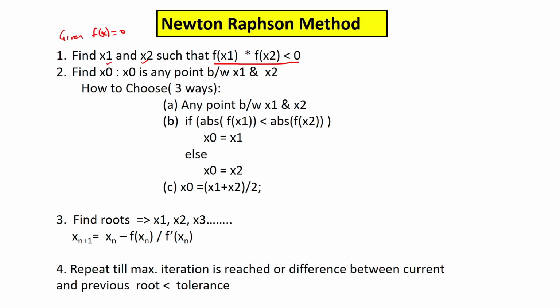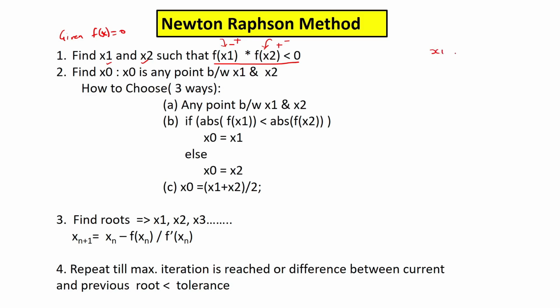Now you have studied this property in the previous methods also, like bisection, regular falsi. So this property says that the points x1 and x2, when they are put into the function, we should get function values of opposite sign. It may be positive or it can be negative. Okay, so x1 and x2 should satisfy this condition.